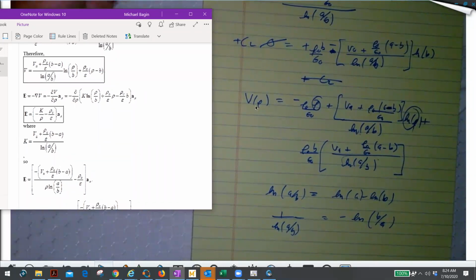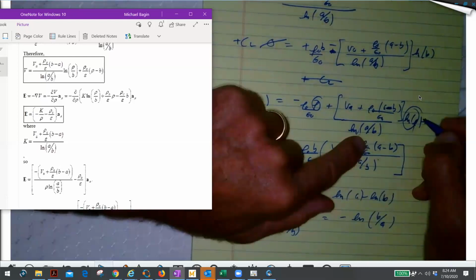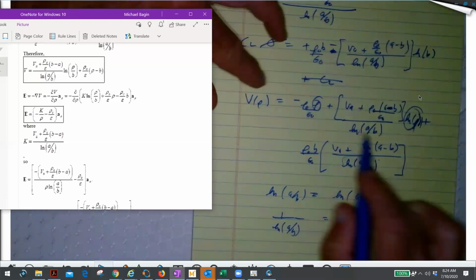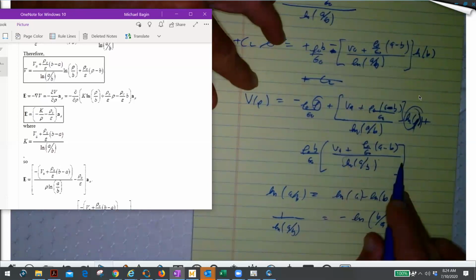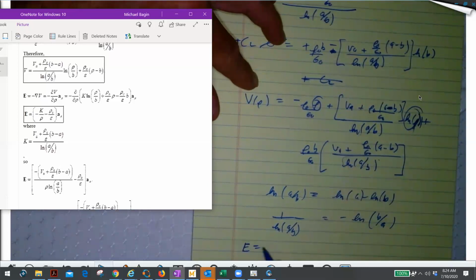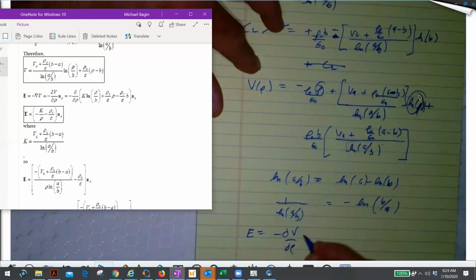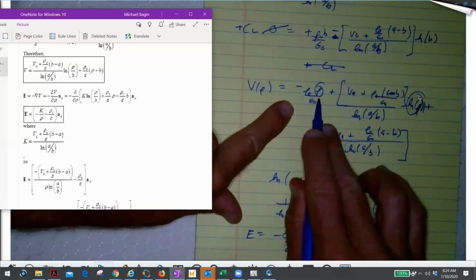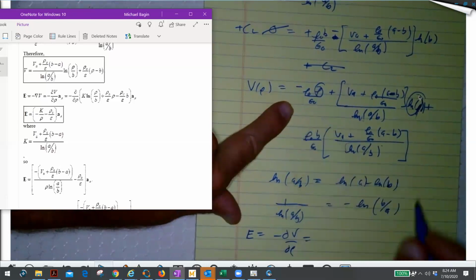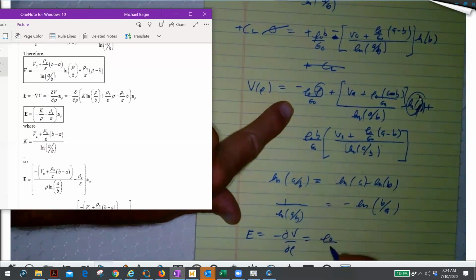The E field is going to be minus the gradient of the voltage. So you would take a derivative with respect to rho, and it would be minus the derivative of this. I know it's a little messy, but can you all see this is really supposed to be the log of rho there? If you take a derivative of this with respect to rho to get the E field, which would be minus dV d rho, the first term is going to be just rho naught over epsilon, but it'll be positive because it's got a negative sign in front of it.